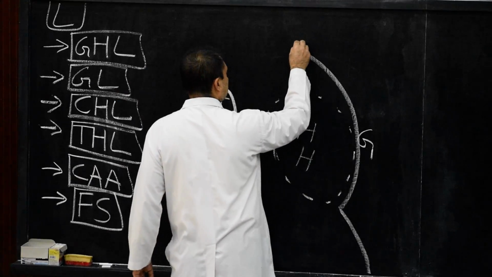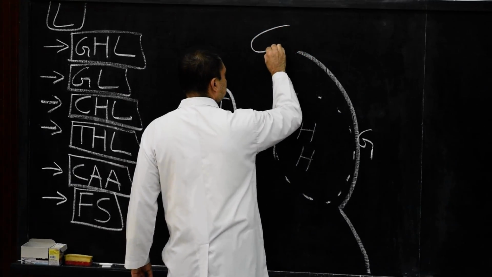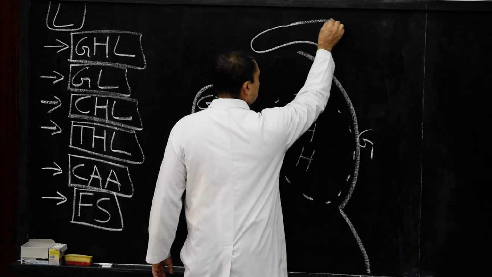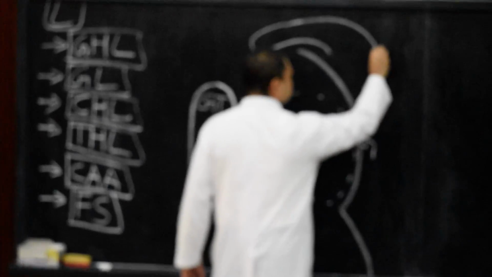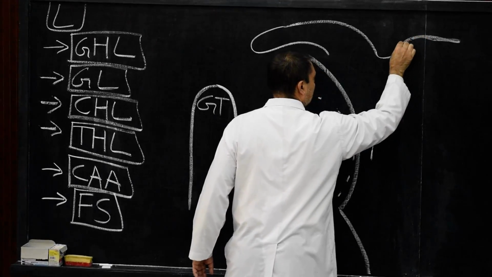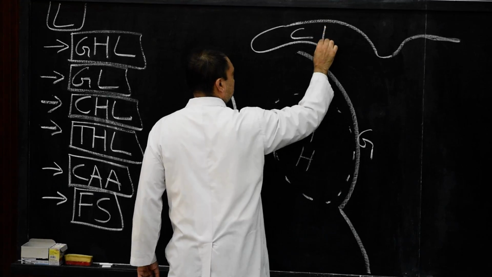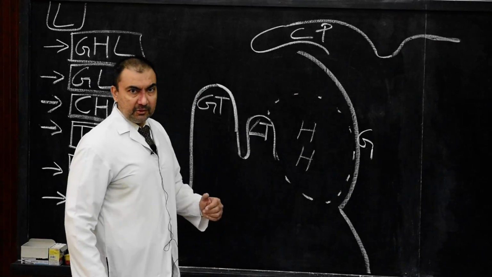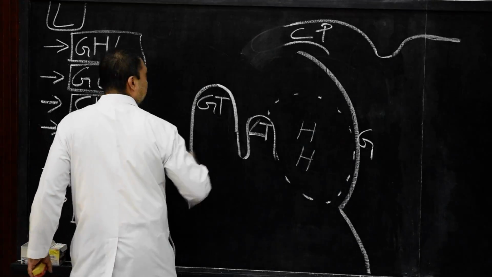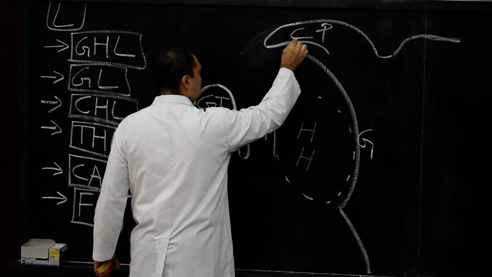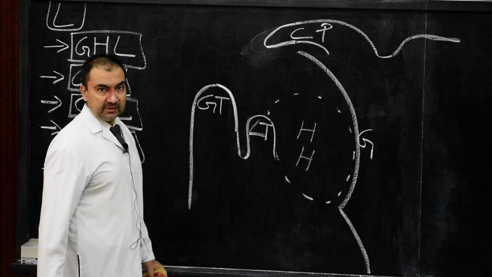Now above that we are going to show, this is what you need to draw, coracoid process. This is the coracoid process. You can just shorten it, and therefore this will suffice as the coracoid process.